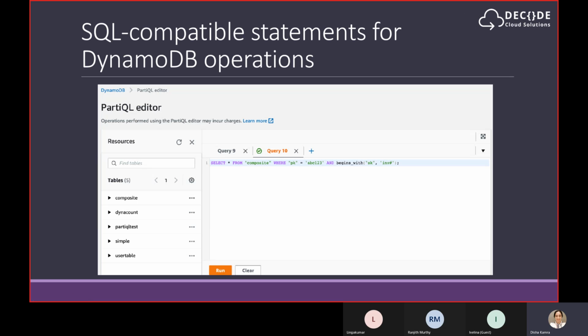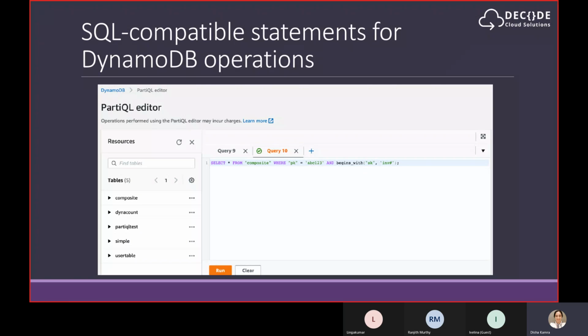PartiQL is an open source query language which is SQL compatible but builds in support for various levels of structure in your data right from the start. What AWS is providing here is because many customers told them that it slowed them down when they wanted to build around DynamoDB, because many of them are familiar with SQL but not very familiar with DynamoDB APIs.